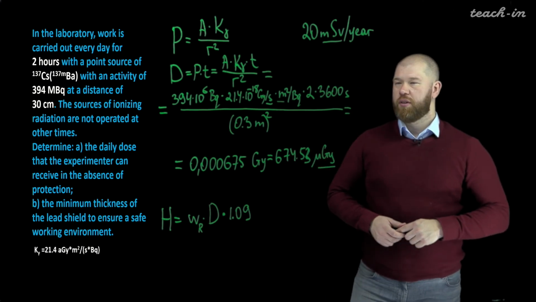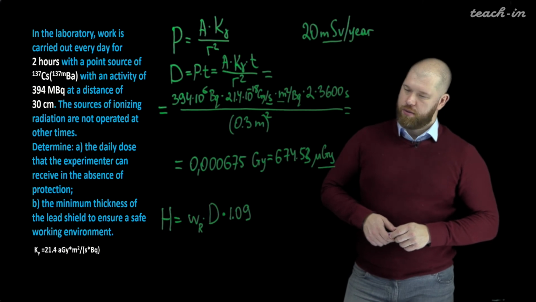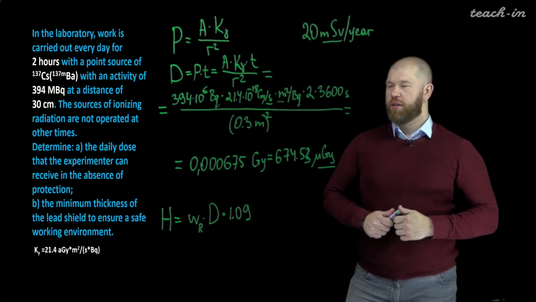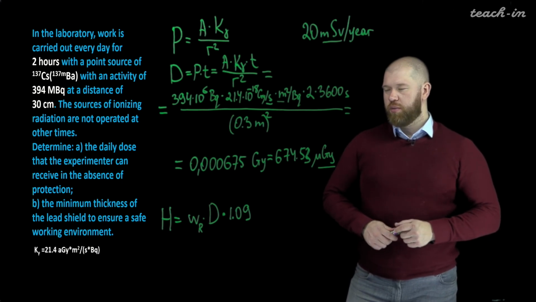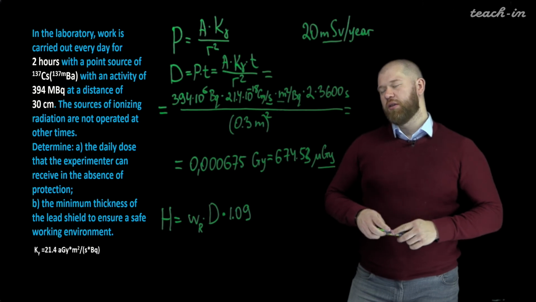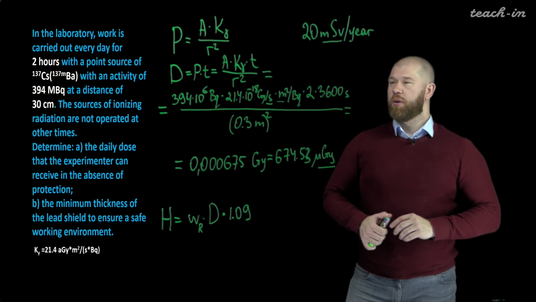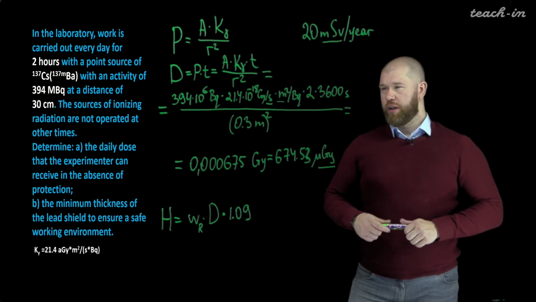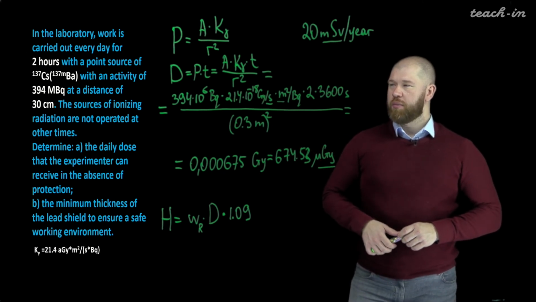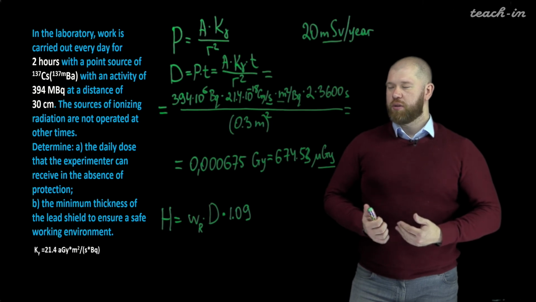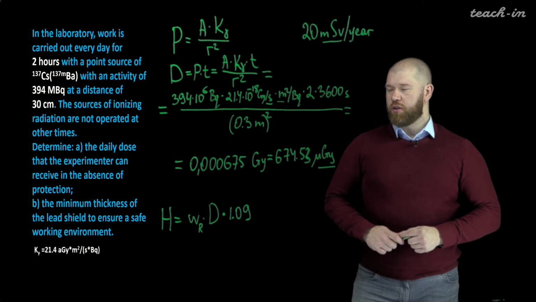That is the difference between the absorption of gamma radiation in air and in tissue. We saw it in our previous lecture. So just remember that when we calculate the dose rate using the Kerma constant, for a certain gamma-emitting radionuclide, we have to convert it to the equivalent dose with this average coefficient.